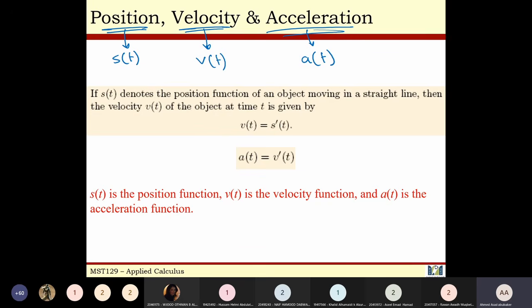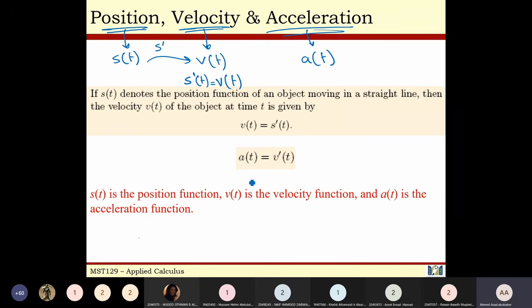Now, what's the relation between position, velocity and acceleration? If we find s prime, we have v. So s prime of t equals v of t. If we have the position function of any object moving on a track, we can find the velocity function.